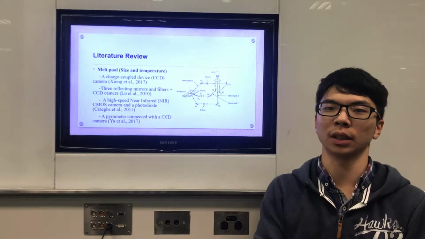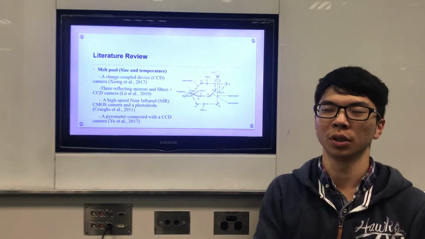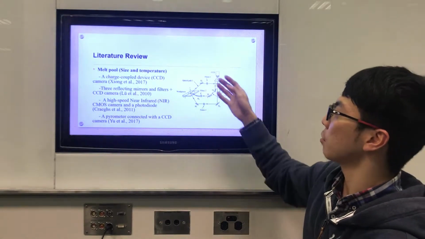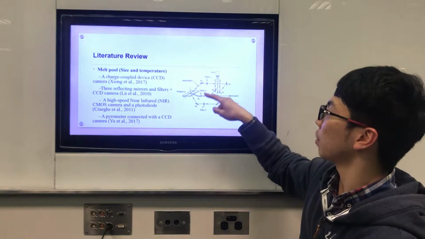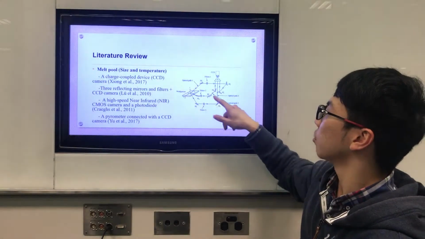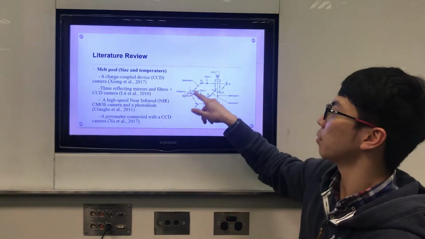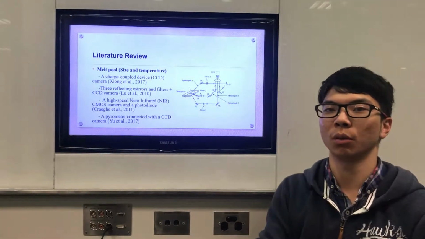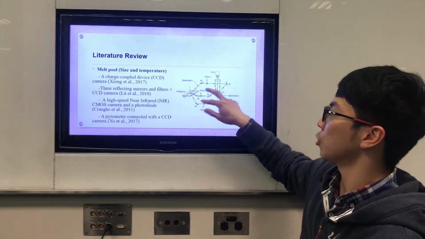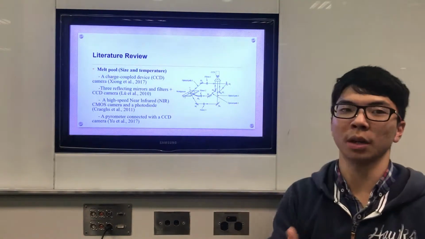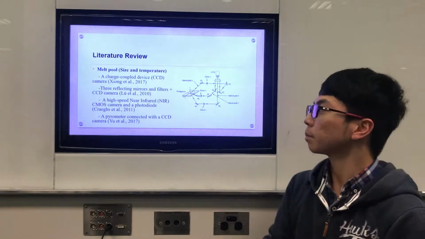As you can see from these figures, the 3 filters are here, and with some mirrors, 3 different locations of the weld pool can be measured with a CCD camera at the same time.